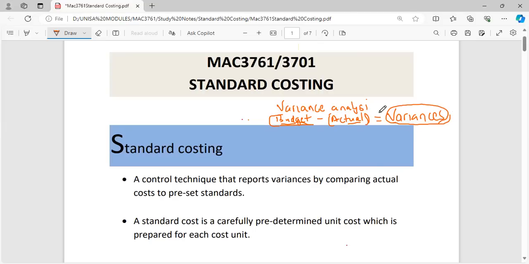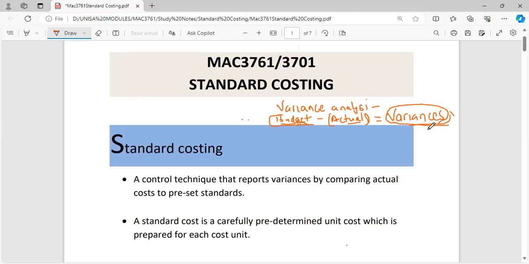That's our role as management accountant in a business. Remember, your role is to advise management. So you need to tell them what must be done in order to correct the variances.